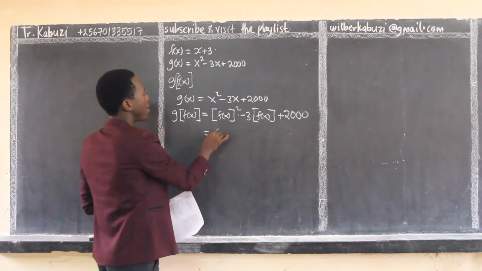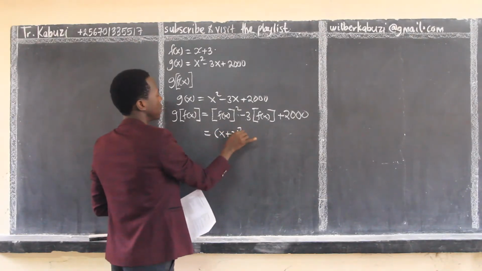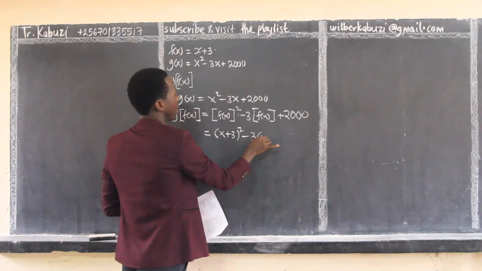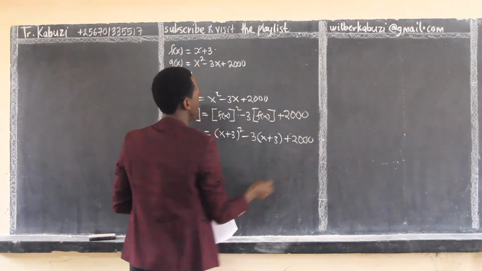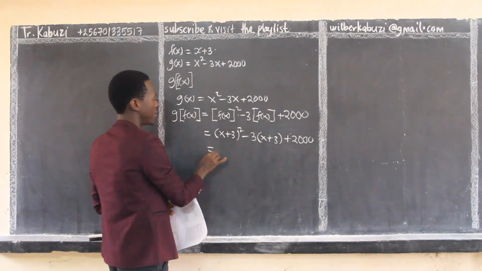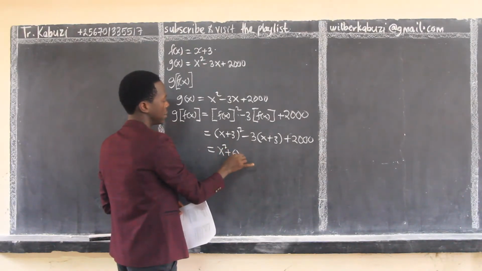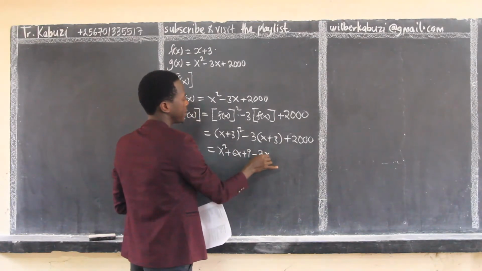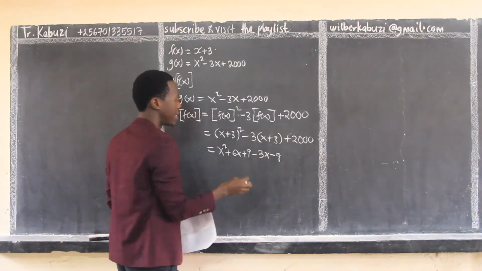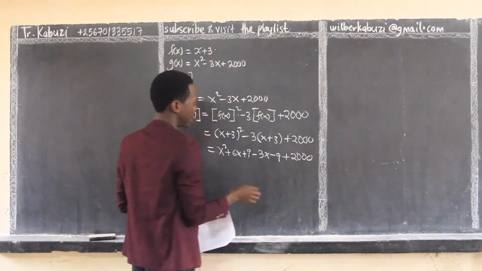So this will be now, my f of x is ..., then we can expand here, we shall be having minus 9 plus 2,000.